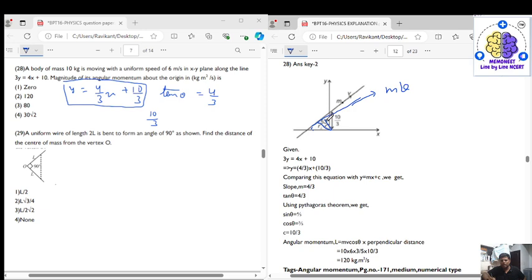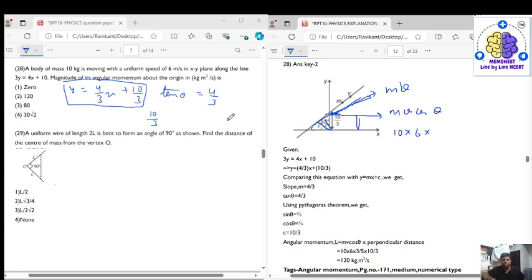The component of mv perpendicular to R will be mv cos theta, and the perpendicular distance is the y-intercept, which is 10 by 3. Putting the values, m equals 10 kg, v is 6, into cos theta.